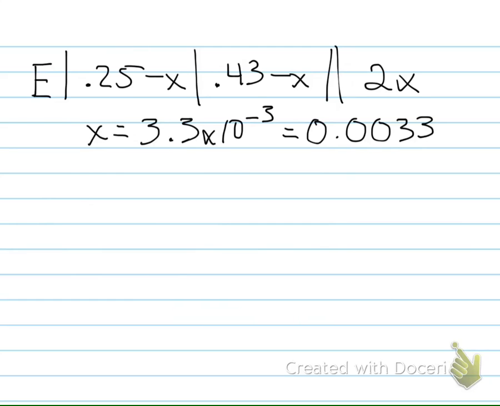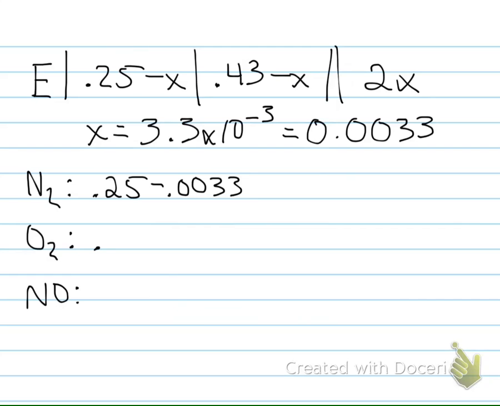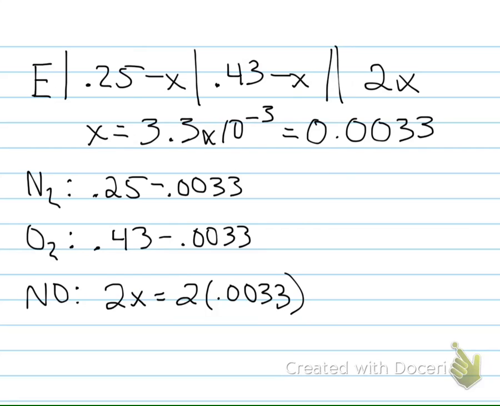I then need to plug in my value. So I have my N2, I have my O2, and I have my NO. Plug in x. We can see that N2 initially was 0.25 minus 0.0033, 0.43 minus 0.0033, and 2x, which is going to be 2 times 0.0033.